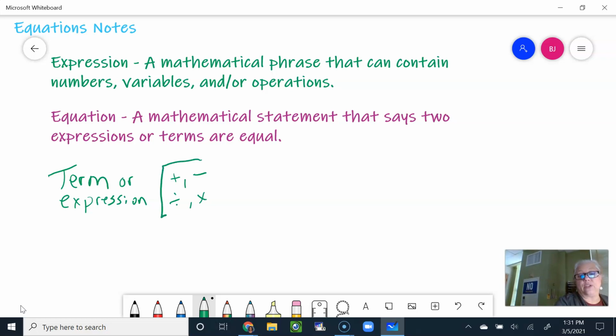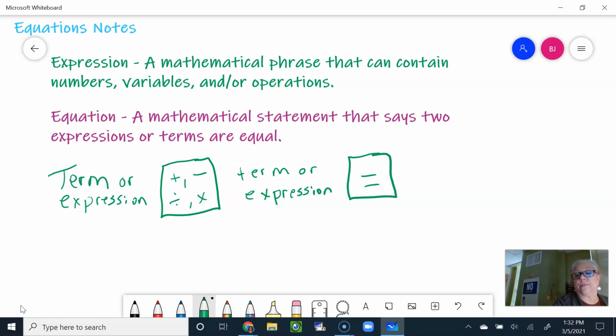You'd have an operation. And then you'd have another term or expression. And then you would have an equals. And this would be a term or expression.